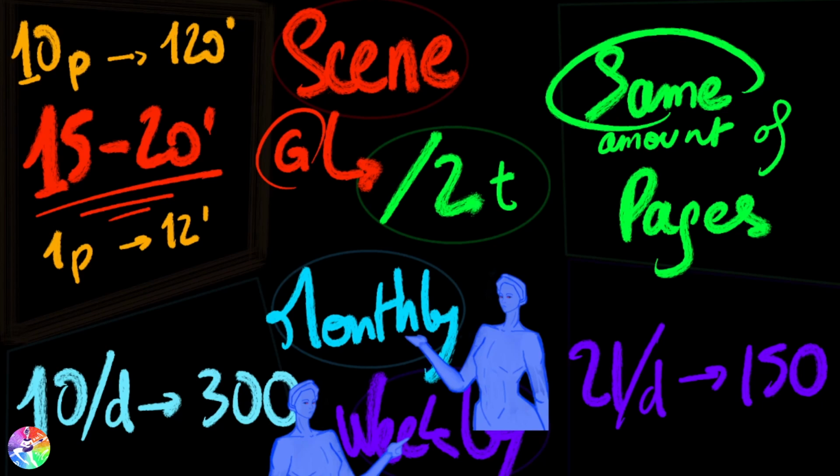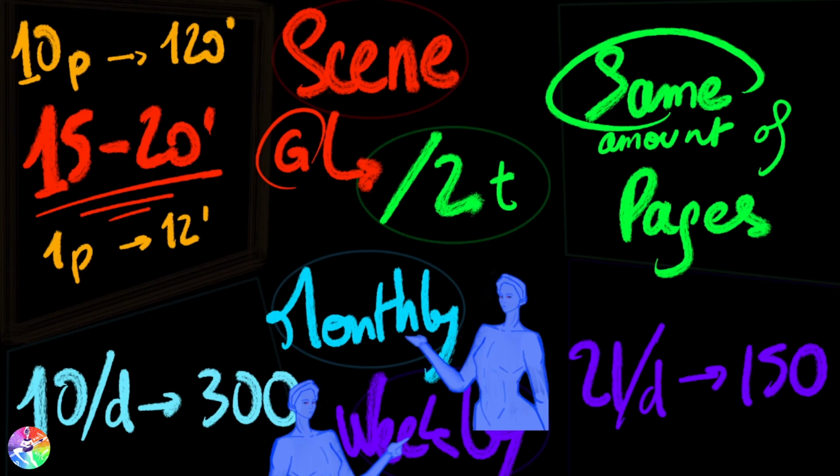Once you've reached that, if you can maintain this rhythm, which is quite high, the advanced rhythm here, you may not want to try that if you're a beginner writer, but you may want to try that if you're a beginner writer who wants to advance quite fast. If you can maintain this volume for a month, you will be able quite easily to write 300 pages a month.